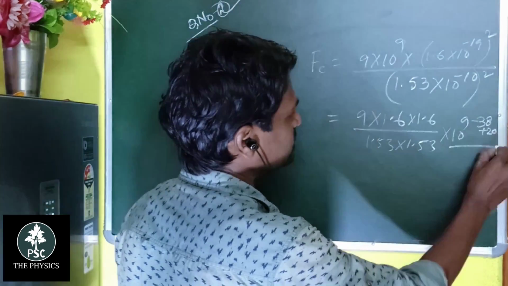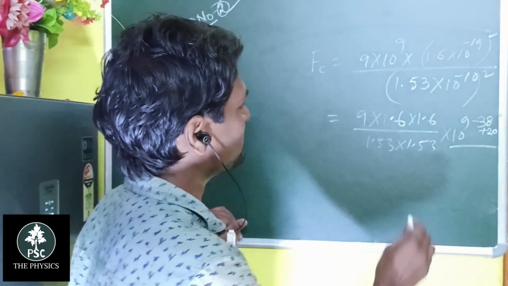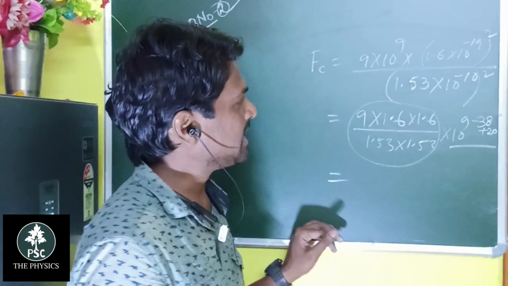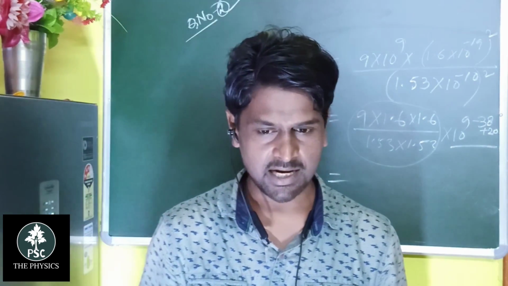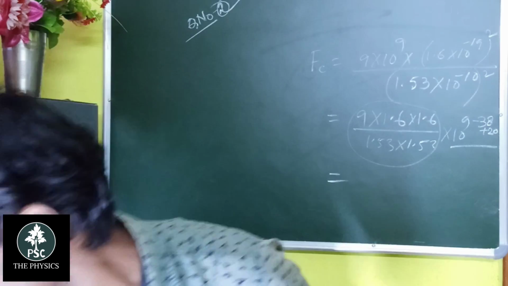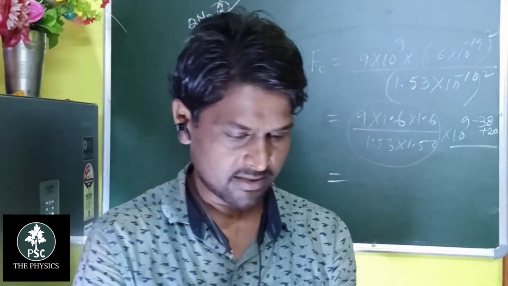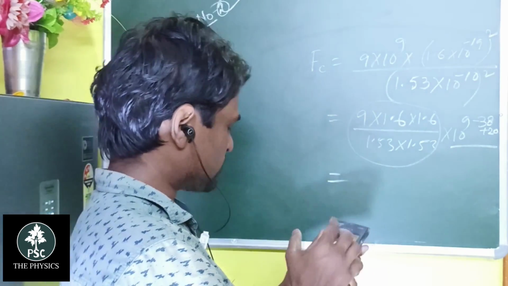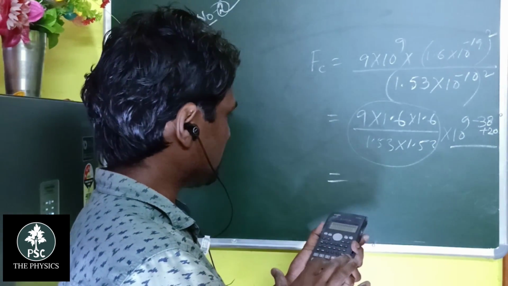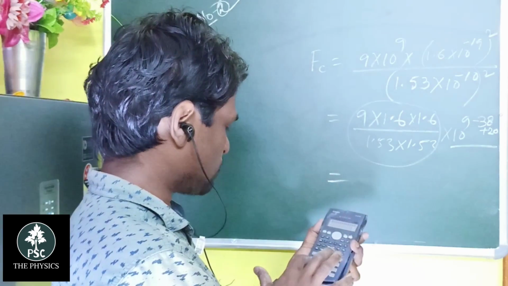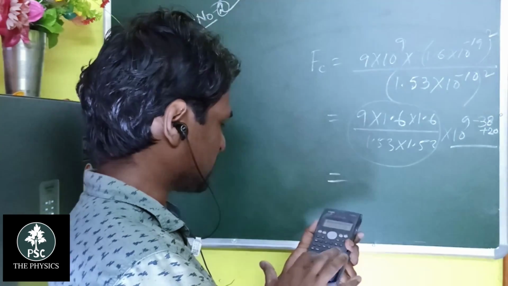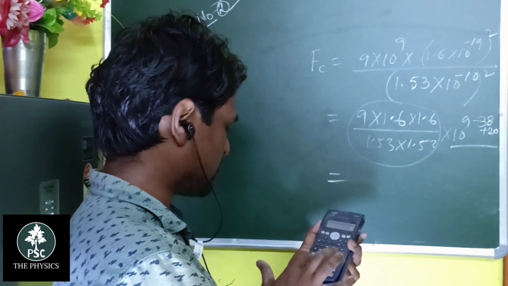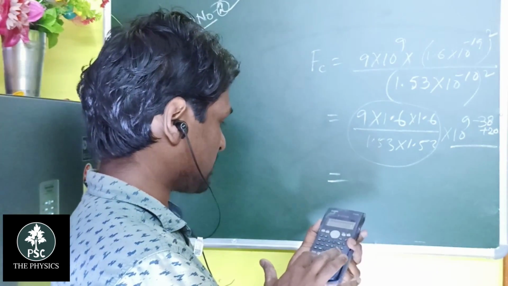So this is the calculation of the power, and this is the numeric value. I can take the help of a calculator, and you can also calculate with multiply. So it is 9 into 1.6 into 1.6, divided by 1.53 divided by 1.53.